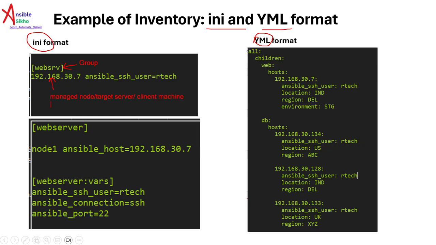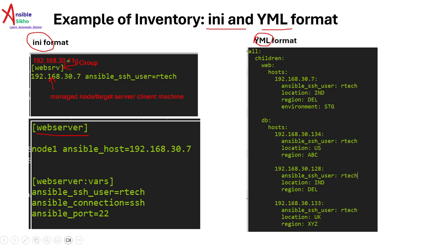Okay, this is a group. This is also a group. If I write something here like 192.168.30.11, what will it become?